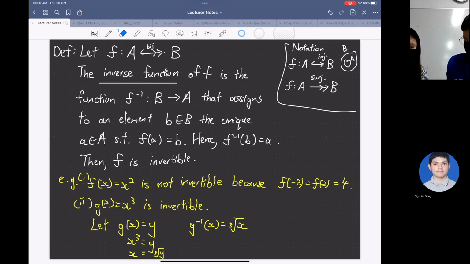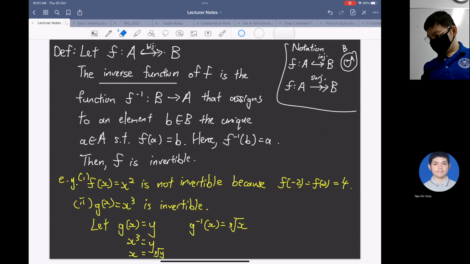No, this one doesn't work, because sometimes you cannot find something that maps to everything in R. You see, there's nothing mapped to here.